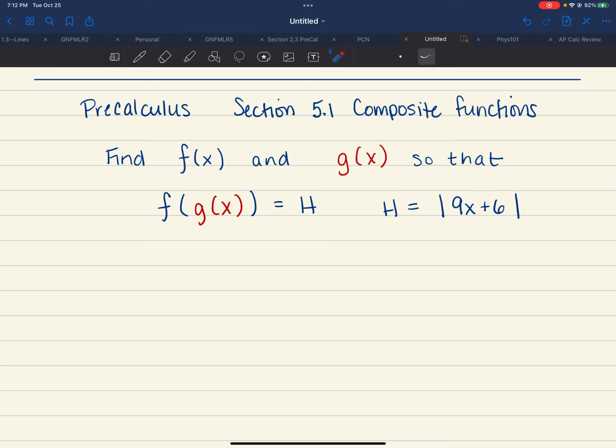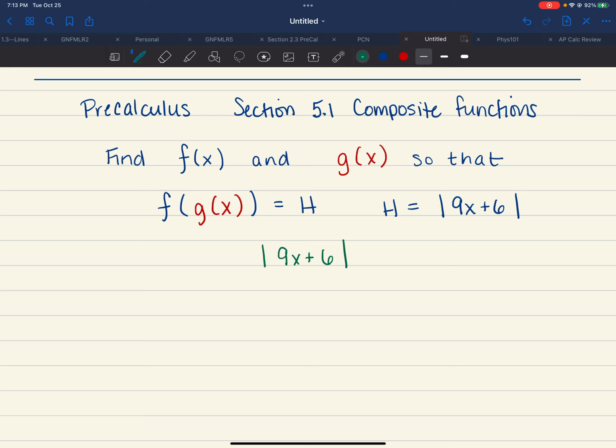Now this question, for those of you doing your homework, is a multiple choice question. So you don't have to go to quite the steps that I'm going to go to because one of them is going to be very, very clear to you. So when I'm looking at a composite function like this, I'm just going to go ahead and write it here: 9x plus 6.